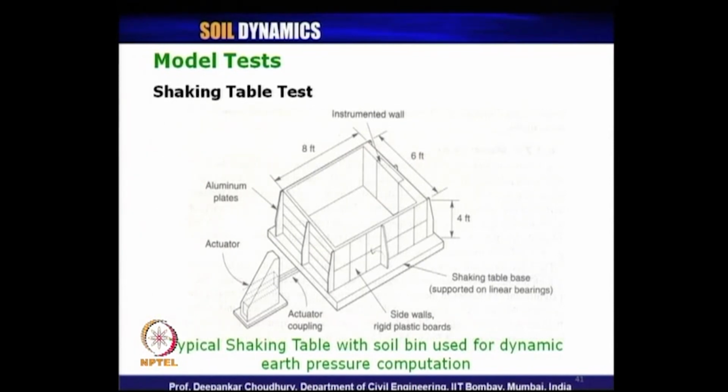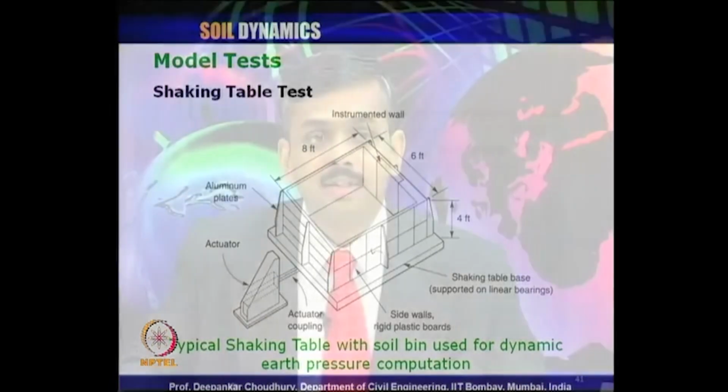The concept of scaling down from the actual prototype or field problem to a small model dimension does not always give you the correct values of the stresses and displacements generated, from model to prototype. Why? Because in this case, the scaling laws are not that simple, not linear scaling laws.